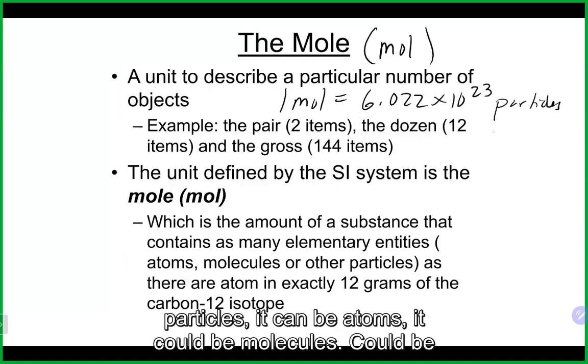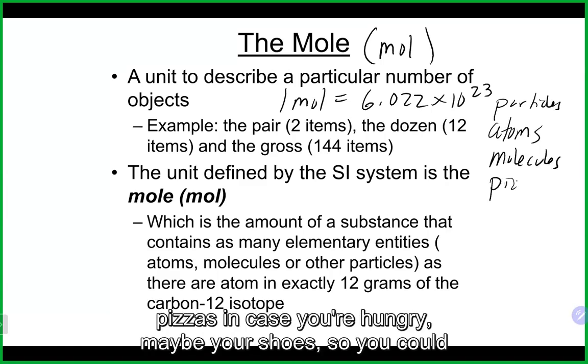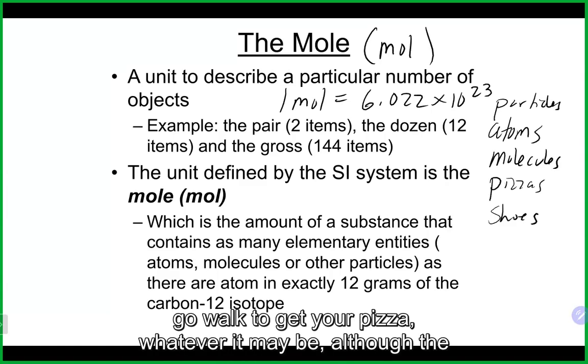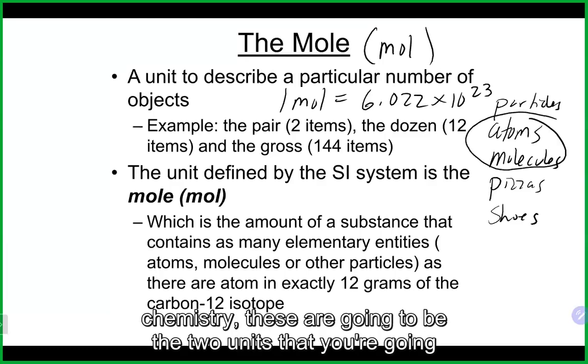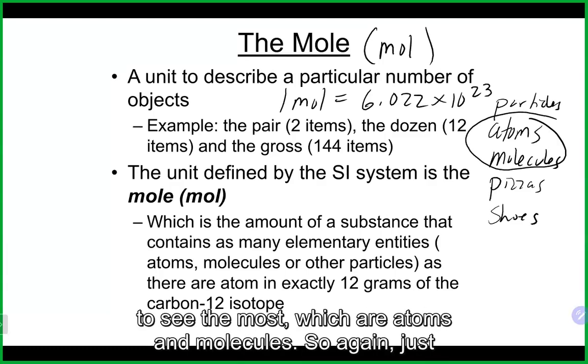It can be atoms. It could be molecules. It could be pizzas, in case you're hungry. Maybe your shoes, so you could go walk to get your pizza, whatever it may be. Although the occasional pizza question may come around, but probably in chemistry, these are going to be the 2 units that you're going to see the most, which are atoms and molecules.